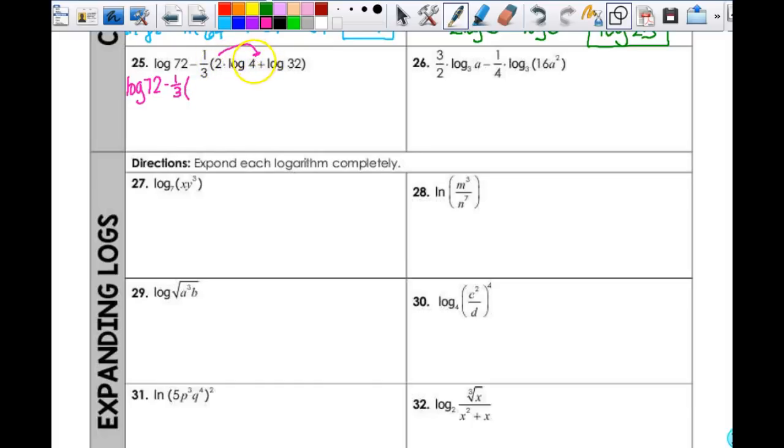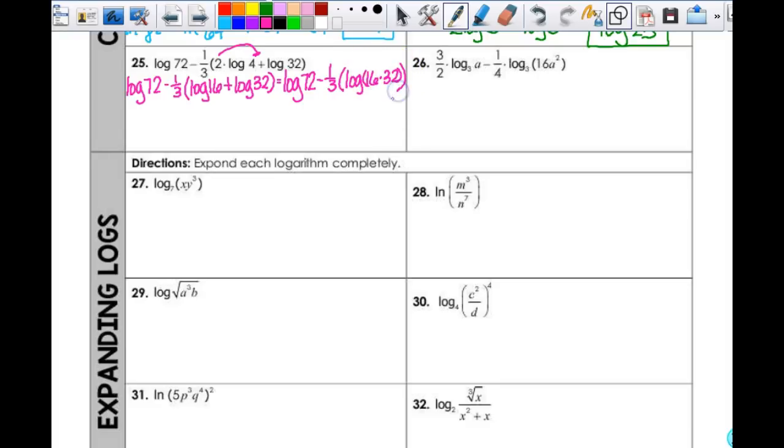This becomes the exponent, so it'll be 4 squared, which will be 16. So I have the log of 16 plus log of 32. So still working from the inside out, that's adding. They've got the same base, so I'm going to use my product property. So this is equal to the log of 72 minus 1/3 times the log of 16 times 32.